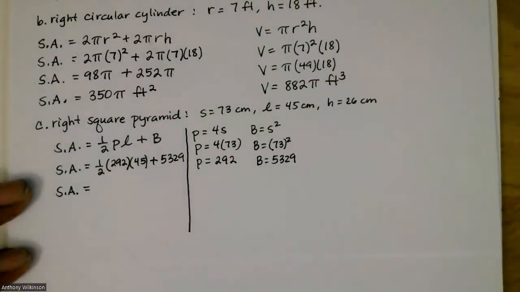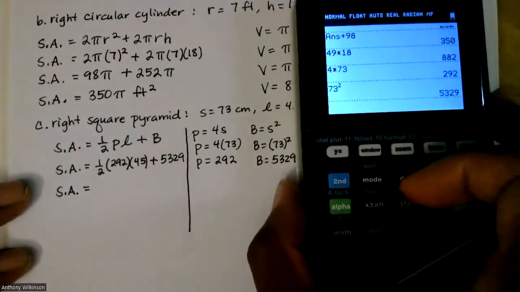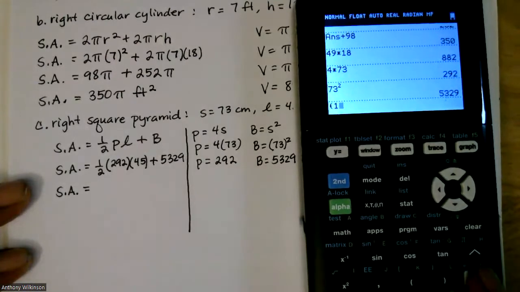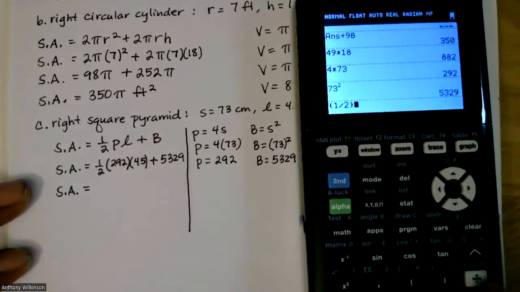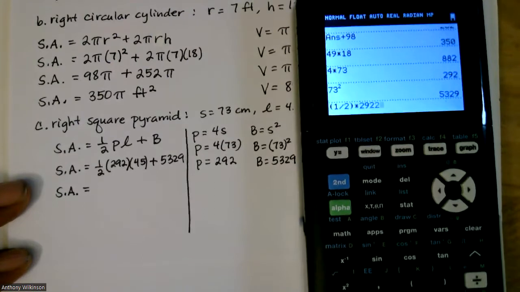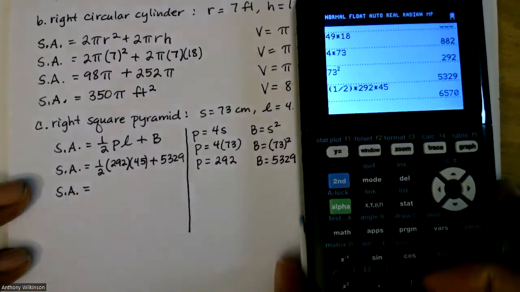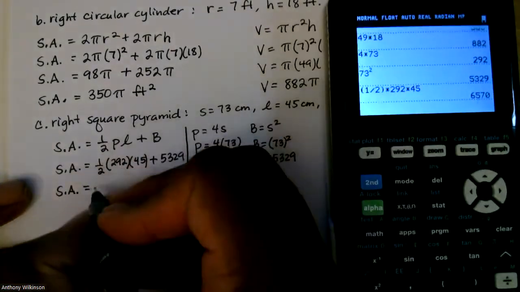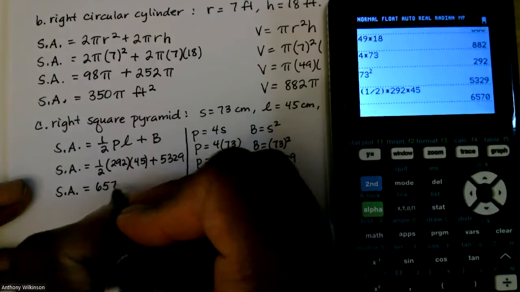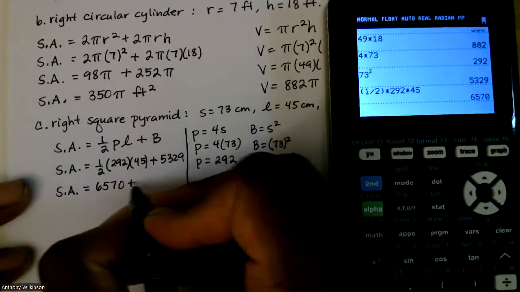Half of 292, 1 divided by 2, times 292, times 45, that's 6,570, plus 5,329.